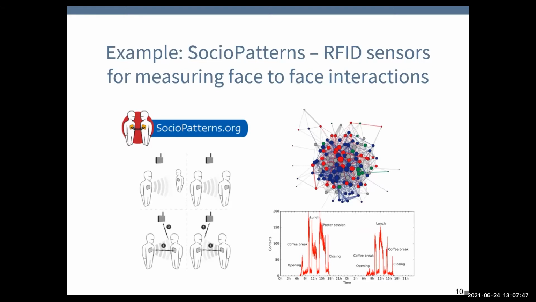And you can also map that to the timeline of the conference, as you see below, and you will find certain spikes in which people have been close to each other and talking to each other, which in the conference scenario, not surprisingly, relates to the coffee and lunch breaks.